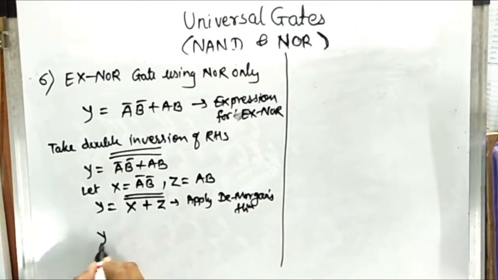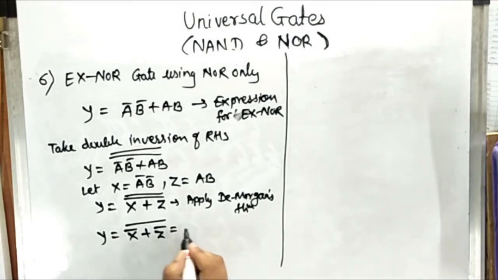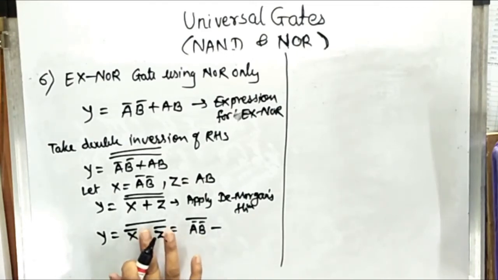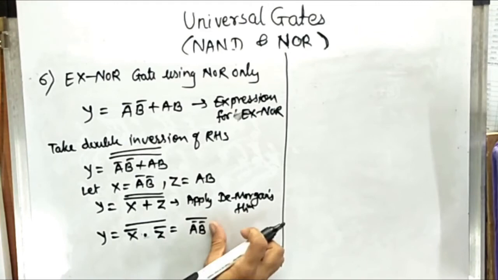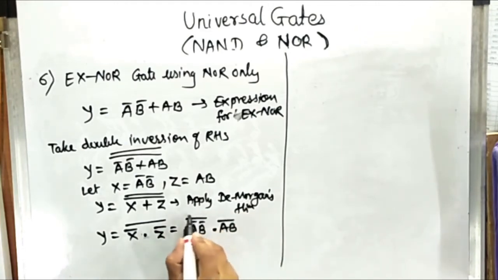So here after application of De Morgan's theorem we get X complement plus Z complement and this outer complement. So put the values of X and Z. So we get A bar B bar complement, so here AND operation, and AB complement.